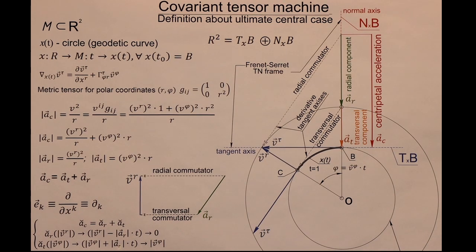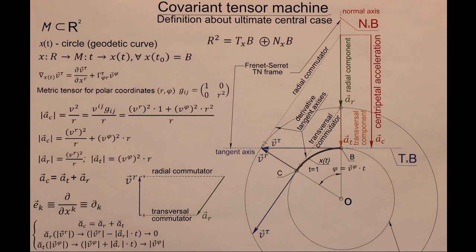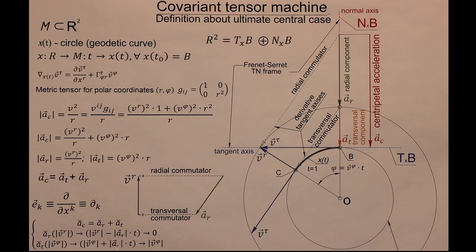Xt is the circle. The vector of radial velocity is defined as the distance between point C and the arrow of the velocity vector. At this point, I have given the contravariant component of the velocity vector.